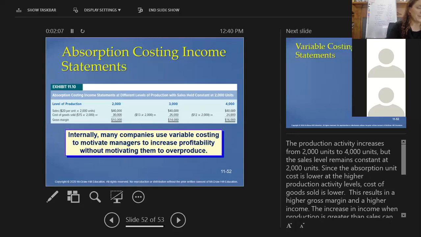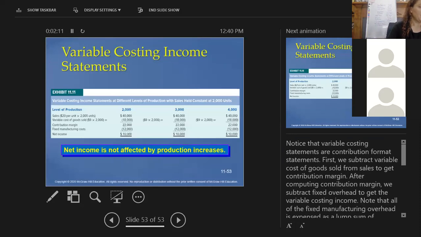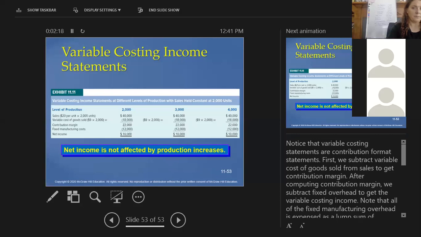So this is the gross margin for each one. Variable costing is going to have that fixed manufacturing overhead that's here. That fixed manufacturing overhead here is going to be after the contribution margin. So your cost per unit does not change regardless of how many you make.